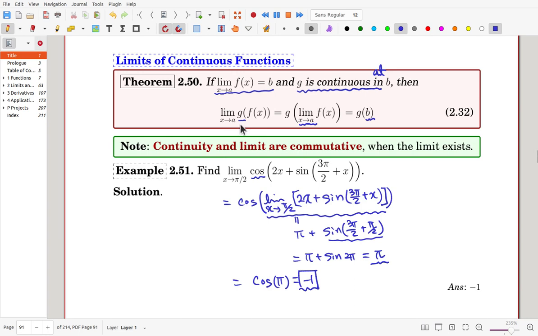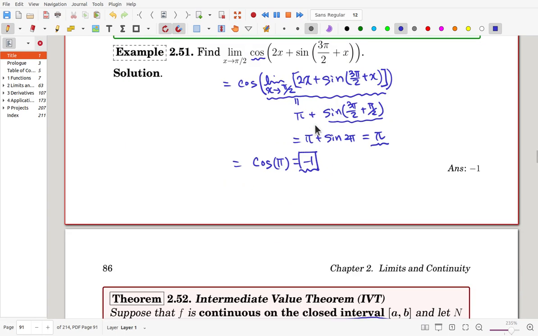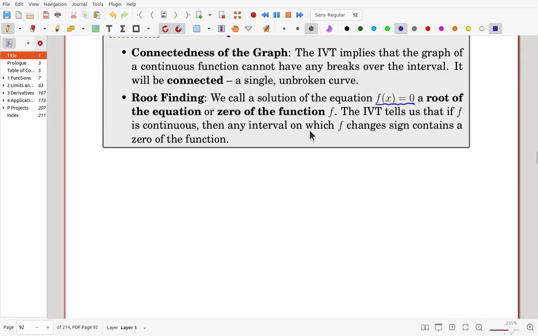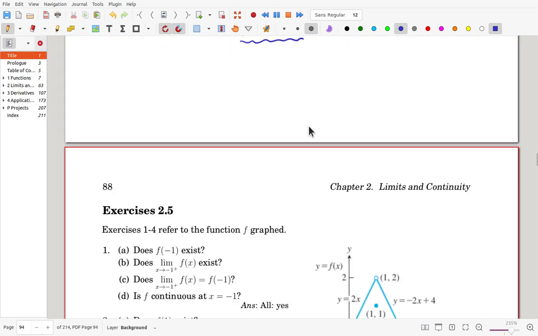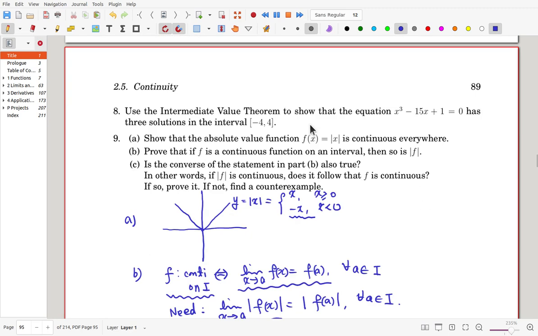Yes, they are commutative, so in application, g can be applied first, or the limit can be applied first, when the limit exists. So that's the theorem we can use for solving this problem.